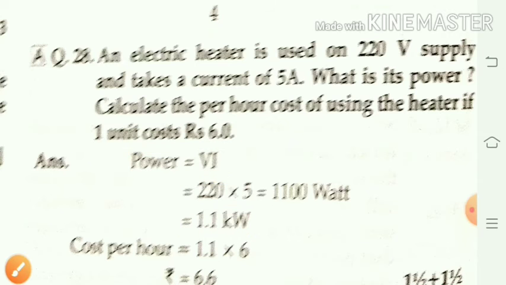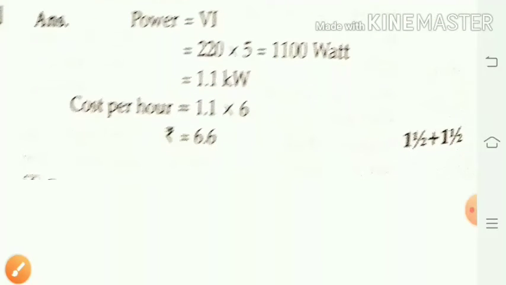Now we will calculate the cost of this unit per hour. Here energy is P into time, that is T. We can take the cost per hour as 1.1 into 6, because for 1 unit the charge is given as 6 rupees.